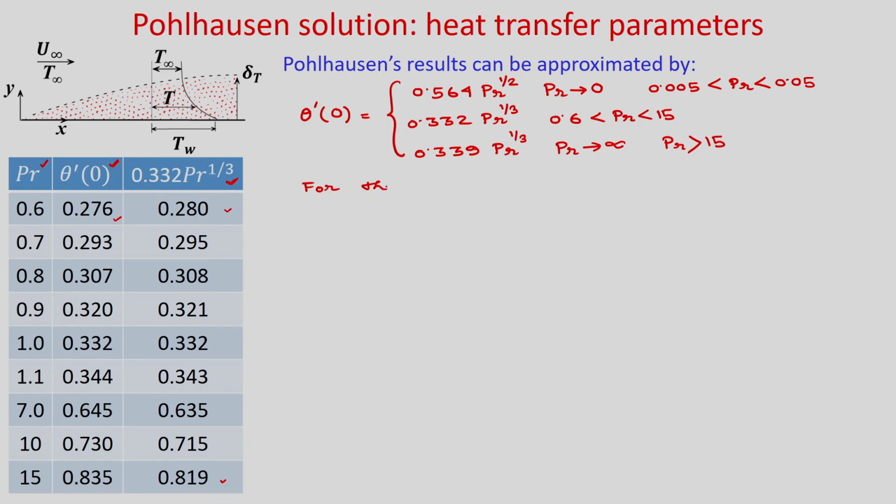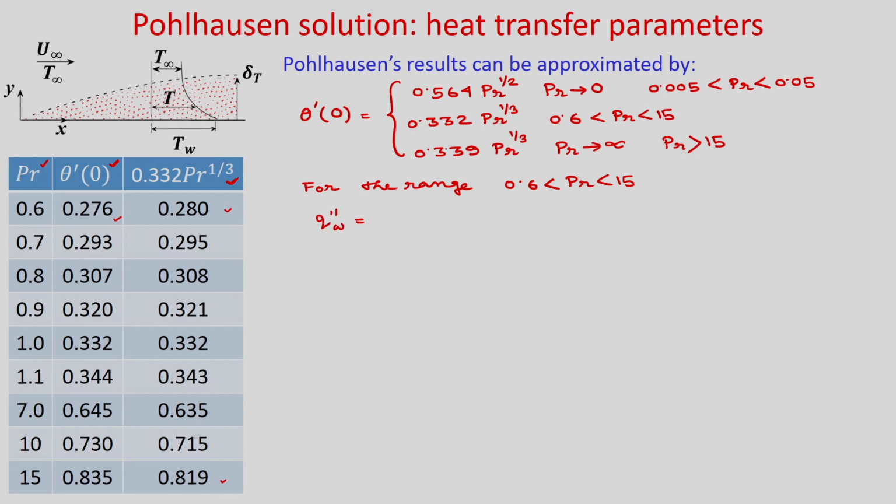So, for the range 0.6 and 15, you can write q double prime w, because we have already found the expression.